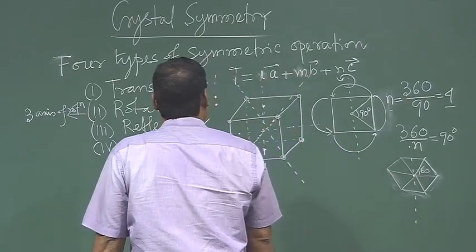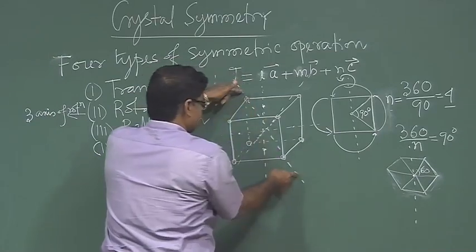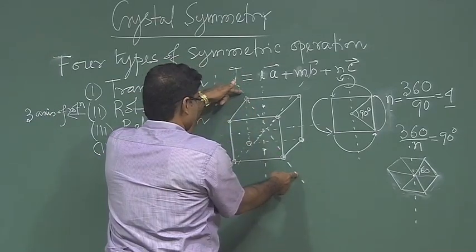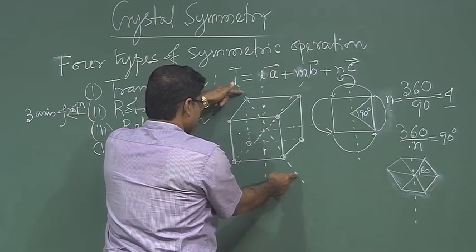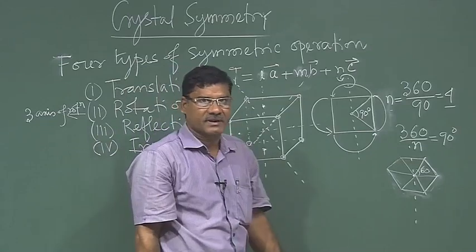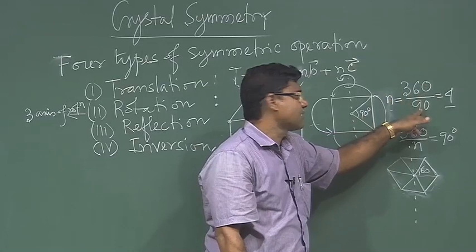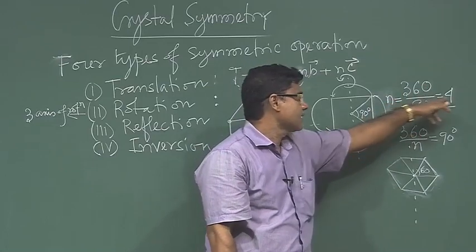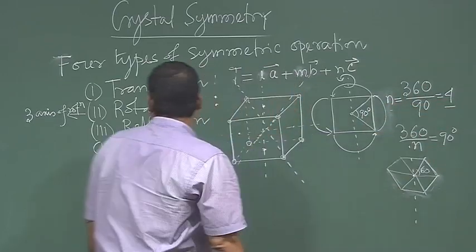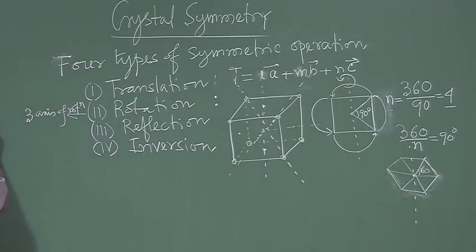Okay. So, this is also a rotational axis. Now, how many fold does it have? I think it will have three-fold symmetry, because n is 360 by 120, so n equal to 3. So, you will have three-fold. So, here there is four-fold symmetry, three axes of rotation of four-fold symmetry.